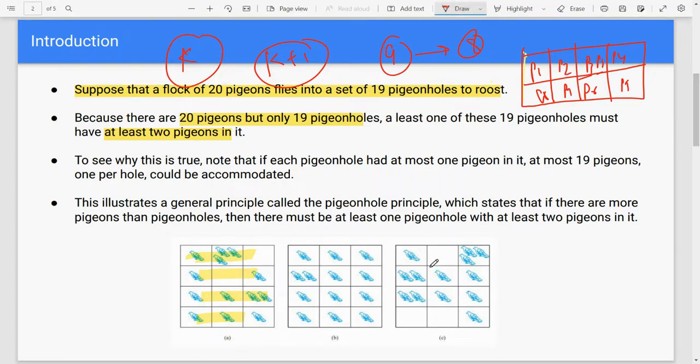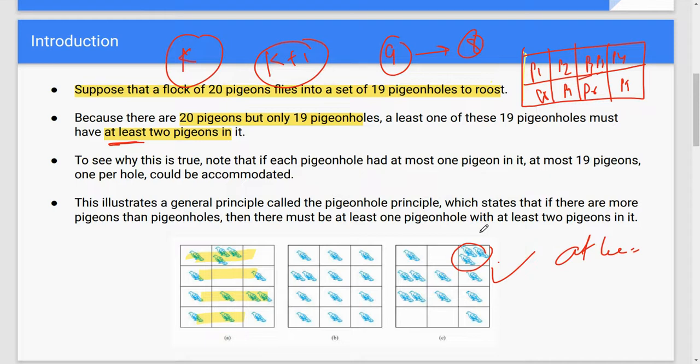If this is the box that we have, and we have to distribute the pigeons, it may happen that a particular box contains three pigeons. Yes, this is correct. The key thing is about "at least": at least one box will contain two pigeons, or you can say at least one box contains more than one pigeon.